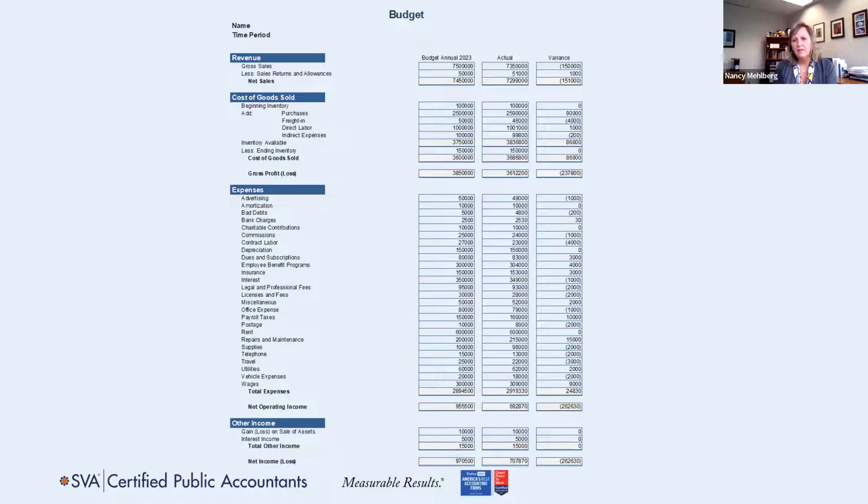So if you have 4 different departments in your company and you have different leadership in each department, you want to make sure that you have a budget by department so you can hold that department leader accountable for that particular budget. So they're not flying blind. It's very difficult to have somebody be accountable without having this information provided to them.